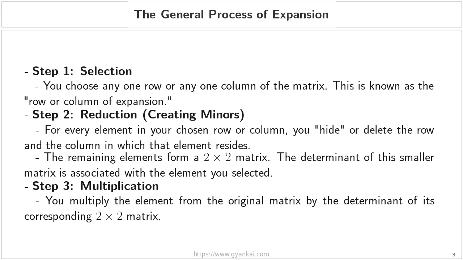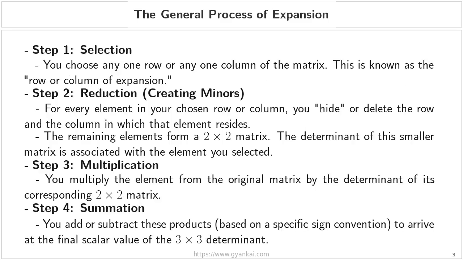Step 3 is multiplication. Now, you simply take the element from your original 3x3 matrix and multiply it by the determinant of the 2x2 matrix you just created. Finally, we reach step 4, summation. This is where we bring everything back together. You will add or subtract these individual products to reach your final answer.